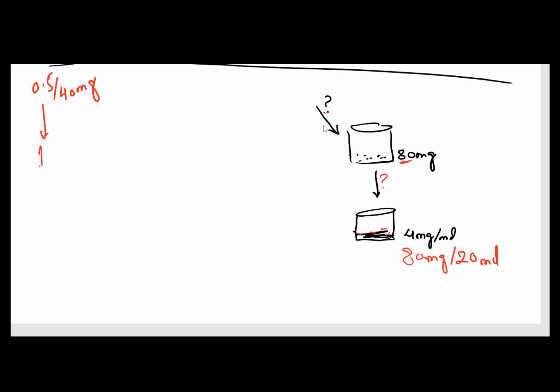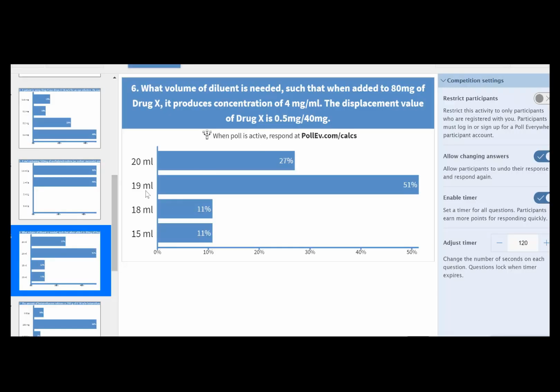So just double this. So the displacement value here is 1, right? So I know the final volume is 20, displacement value was 1, so I should start with 19. Everybody with me? So 19 was the correct answer.